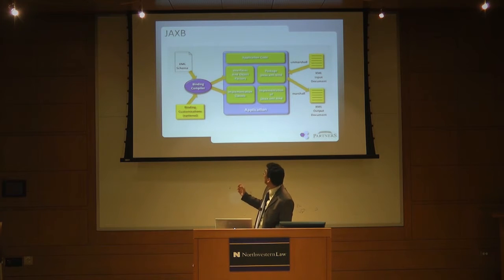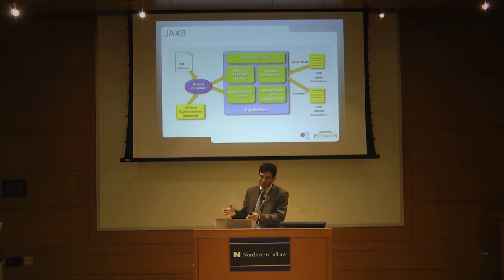JAX-B will take that, convert it into objects, so that in the code you can call it as an object and manipulate it how you want. Then you send a response back to the server, and JAX-B will take the new object and convert it back into an XML that would be sent directly into Access to be sent back to the client.